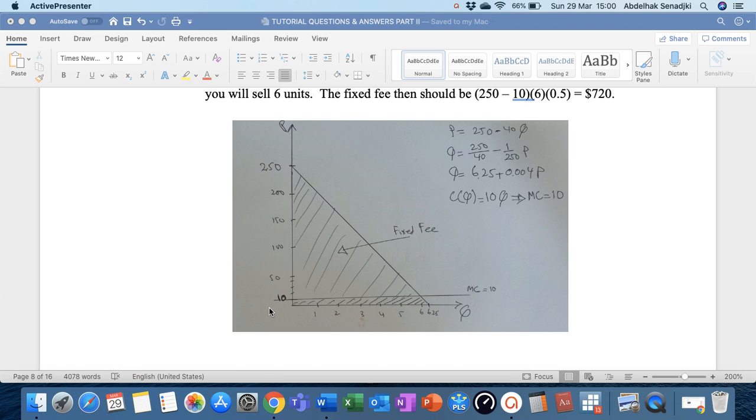So with this supply and this demand, it happens here at 6 quantities.